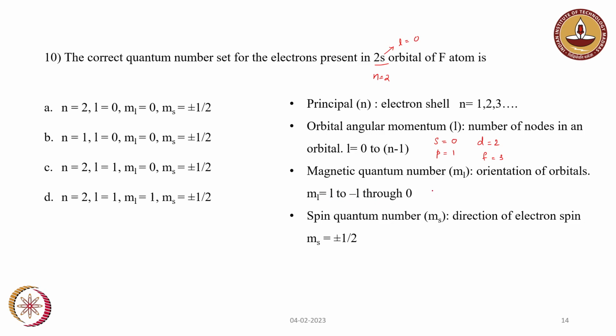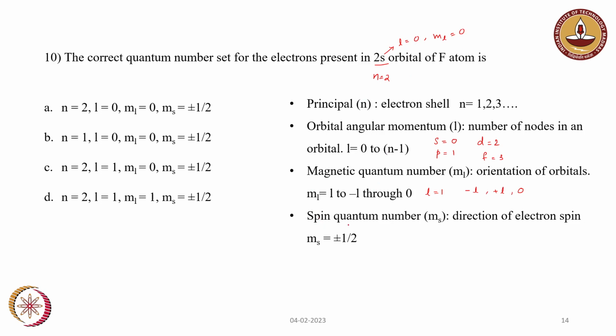That is, if L equals 1, then ML will be minus L, 0, and plus L. Here we are given an s orbital, so since L is 0, ML will be 0.